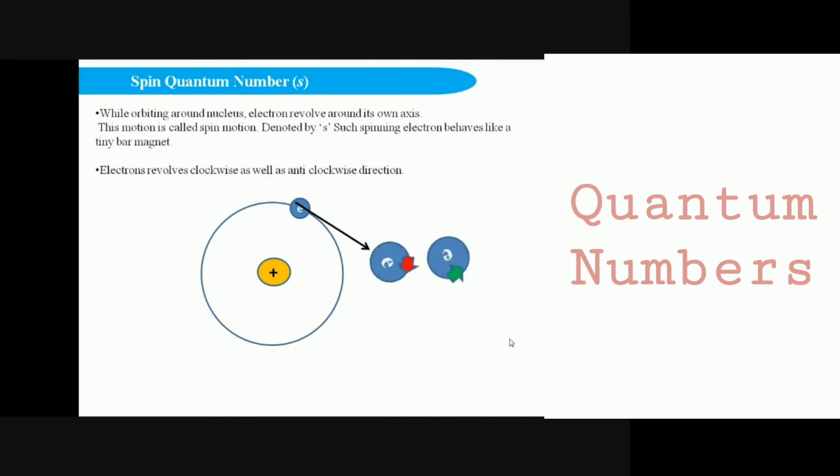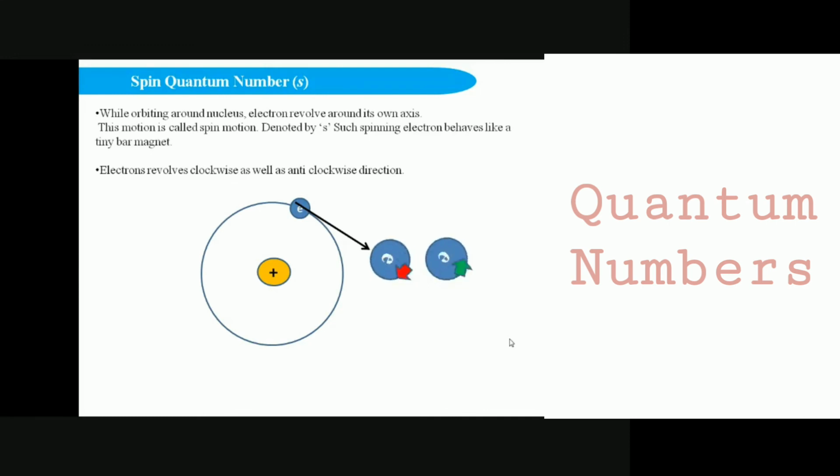For n equals 3 it will have three azimuthal quantum numbers, 0, 1, 2. And for principal quantum number 4, it will have 4. And then we relate this azimuthal quantum number with the magnetic quantum number with the relation 2l plus 1.